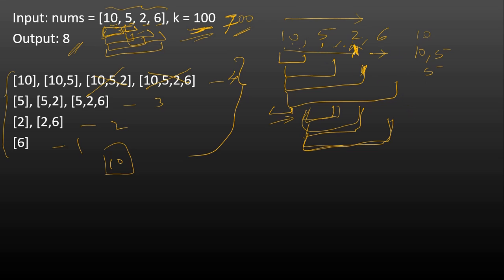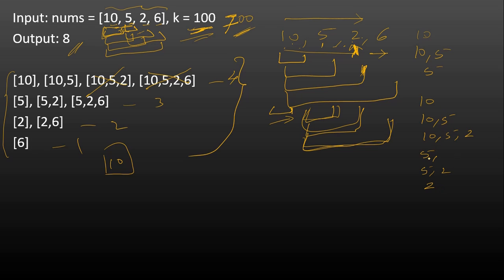When I am having 3 numbers, assuming let us say k is 700, so all 3 are valid combinations, in that case I can have 10, 10 comma 5, then there will be 10 5 2, then that is the number starting from 10 is done. So now we have to start with 5, then it will be 5 comma 2, and then at the end it will be 2.